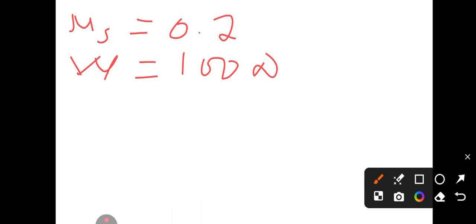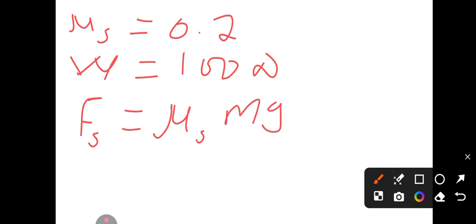So there you will say F_s, the force of static friction, is equal to the coefficient of static friction multiplied by mg. The coefficient we have been given is 0.2. You multiply by the weight, which is mg.